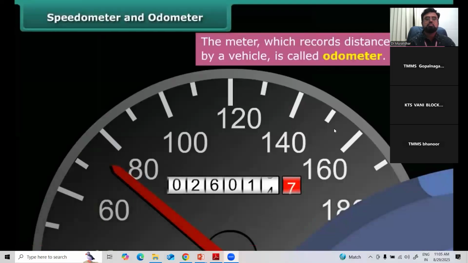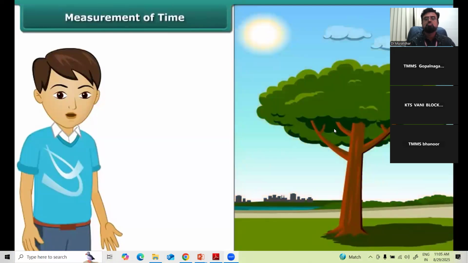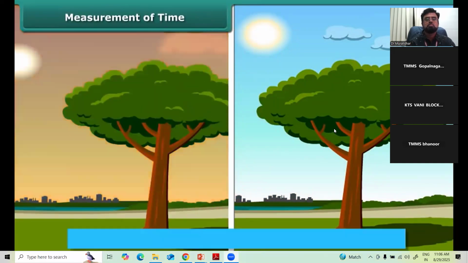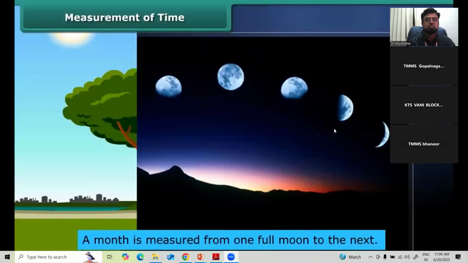This number is the speed of the car in kilometers per hour. There is also a rectangular box within the speedometer that has digits written on it. When the car is in motion, these digits change, rather increase. This rectangular box is known as the odometer. Its readings show the distance covered by the car.